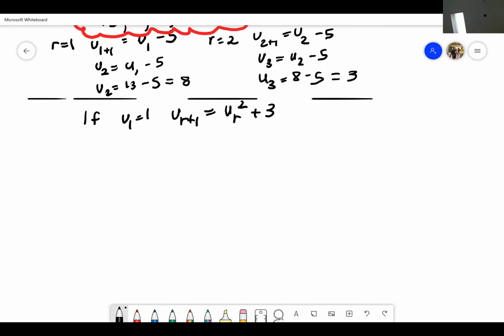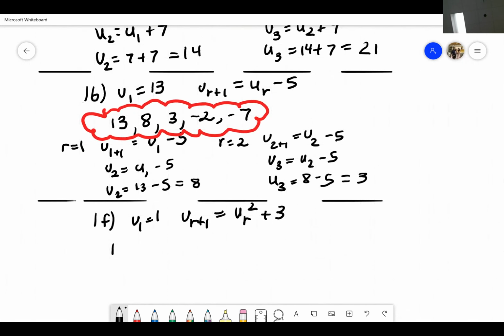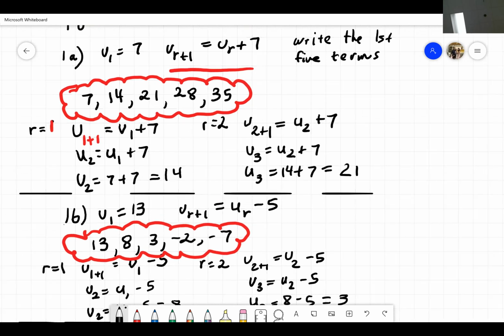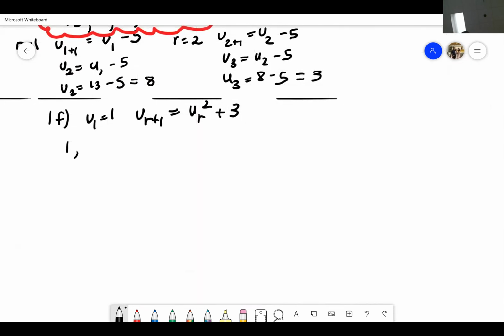So what's our first term? So the first term is definitely 1. I'm trying to make it look pretty. So we have 1. So now r equals 1.